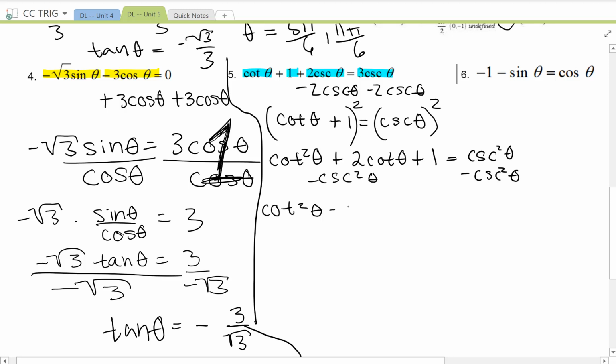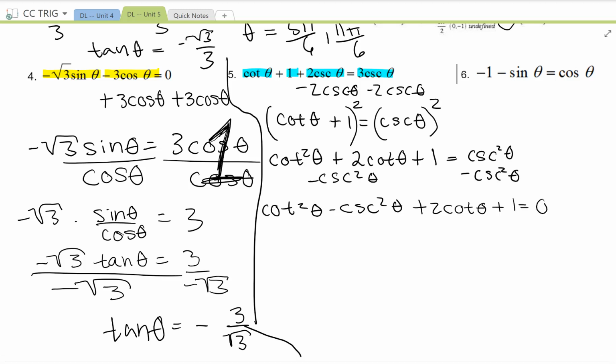So you have cotangent squared theta minus cosecant squared theta. Now let's replace cosecant squared theta with cotangent squared theta plus 1. Again, don't forget to distribute this negative.